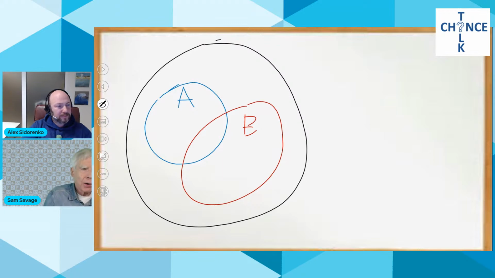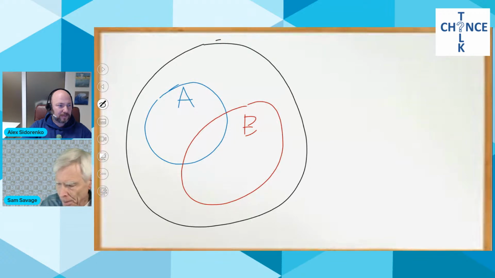If a dart landed in region A, what's the chance it's also in region B? Or conversely, if the dart landed in region B, what's the chance it's also in region A?